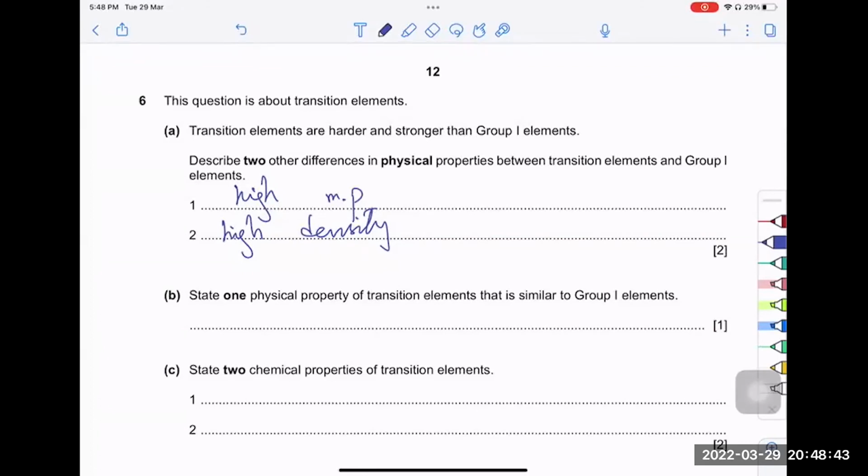Magnesium is a good conductor. It's just better to use transition metals. So there's less of a difference and more just a variation in that quality. They're doing the same thing, one is doing better. In this one, one is at one end, low melting point, and the other is at another end, high melting point, low density, high density. So that's a difference in group 1 and transition metals.